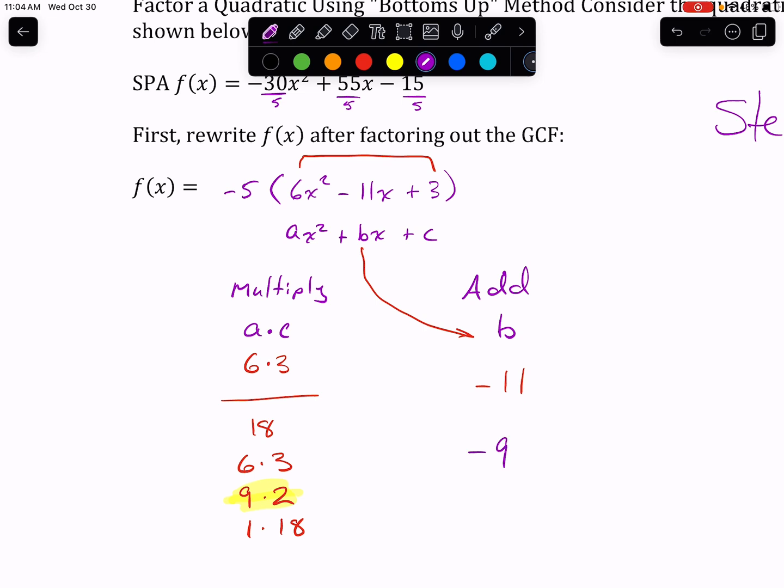Negative 9 and negative 2. They will multiply to equal positive 18, but add up to negative 11.